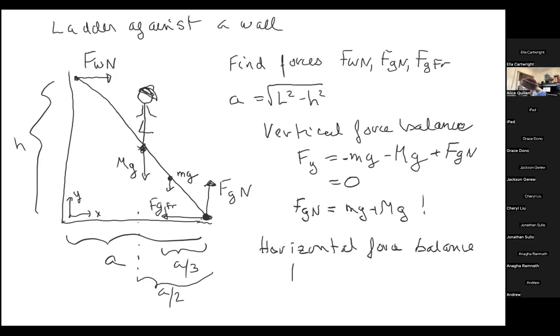So that's Fx. We're going to sum all the forces on the ladder for the horizontal component. So there's the wall force over here, and then there's the friction force. So F wall and, yeah, so you have to decide when you draw vectors.